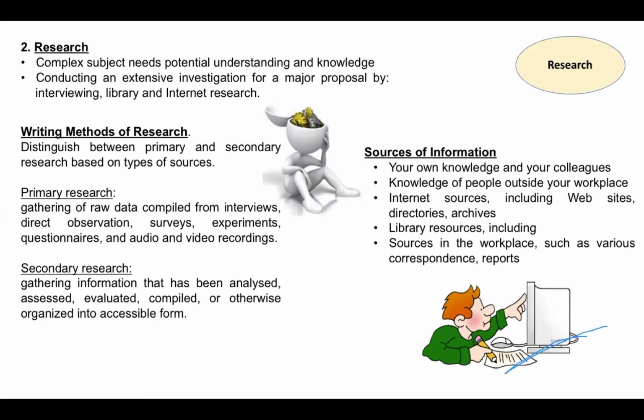They are not analyzed, not compiled. That means you are going to do the analysis and organize them. This is primary research. The other kind is secondary, where the information is already analyzed and assessed.